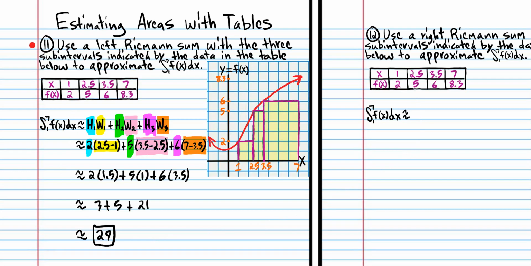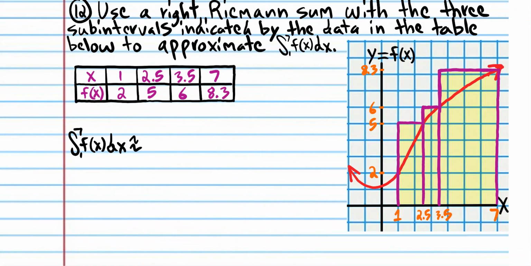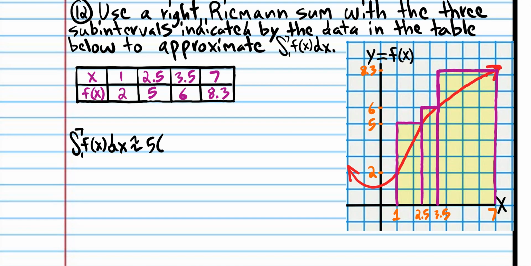So this is different. So we're starting with 5. And now, what is the width of the first rectangle? Well, the width is the same as what it was before. It's just 2.5 minus 1.